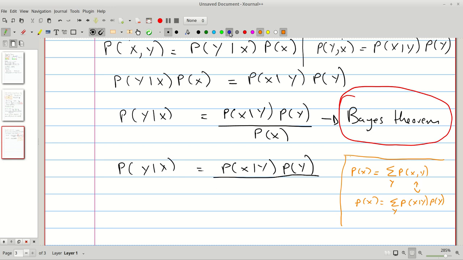That means we can rewrite this. Instead of p of x, we can write this as the summation over all possible values of y of p of x given y times p of y. This is acting as what we call a normalization constant, because essentially what it's doing is normalizing to ensure that the probability expressed on the left-hand side sums up to 1.